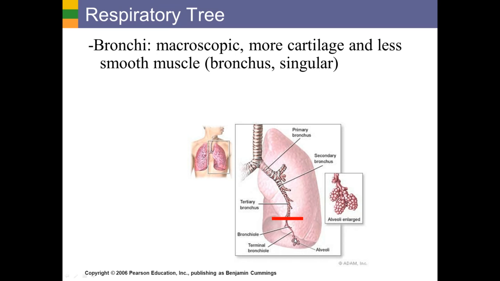When we get to the respiratory bronchioles, that is the beginning of what's called the respiratory zone. That's where we actually have gas exchange occurring because we have alveoli.